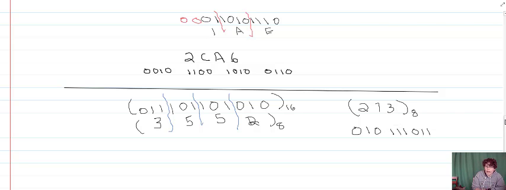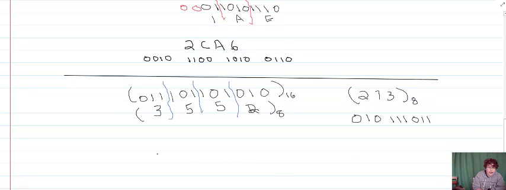So one last example. Let's say I had 624 in octal, and I wanted to write it in hexadecimal. Then I'll do binary: 110 010 100.